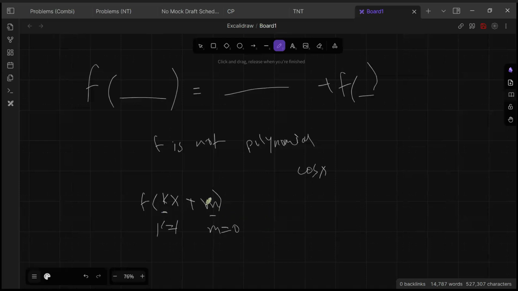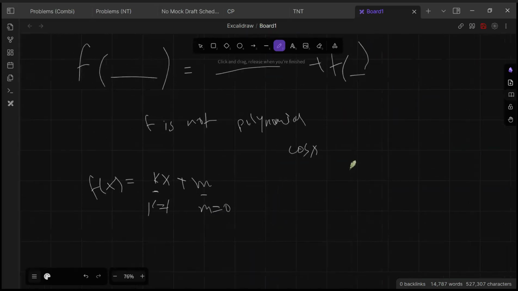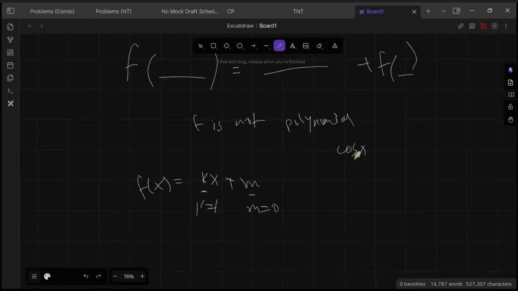We can express cos x as an infinite polynomial, but there are infinitely many other functions which are not polynomials. We are not looking at infinite expansions, just polynomials with finite terms.